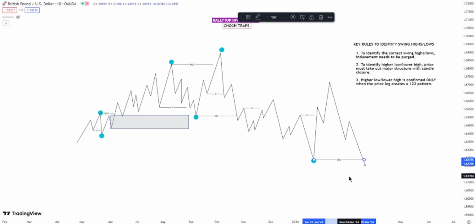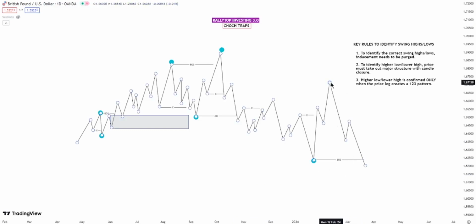And now, for this high, rule number 2 has been fulfilled. But we cannot go ahead and mark it just simply because rule number 2 has been fulfilled. You need to wait for rule number 3. Rule number 3 says higher low or lower high is confirmed only when the price leg creates a 1 to 3 pattern. For this lower high to be confirmed, a 1 to 3 pattern must be created that leads to this break of structure here.